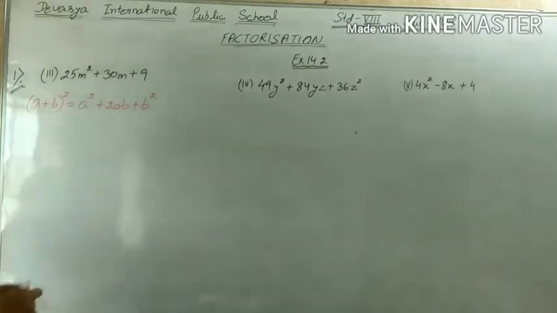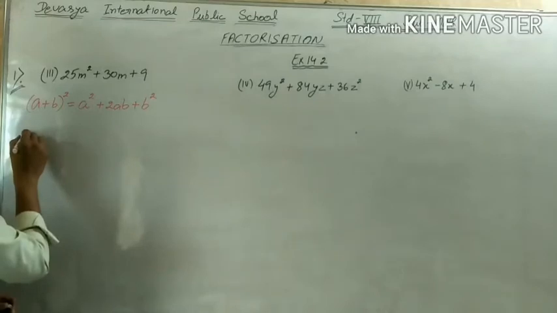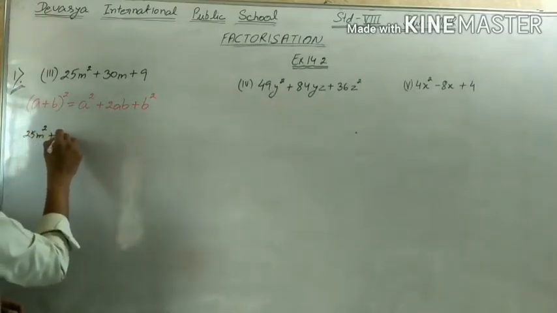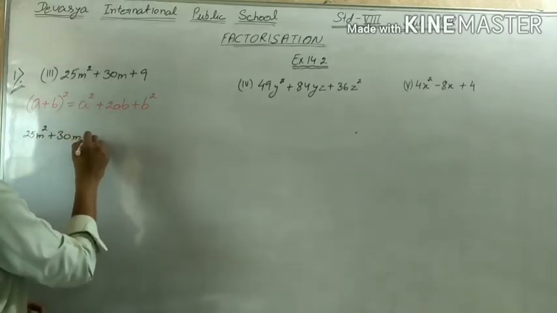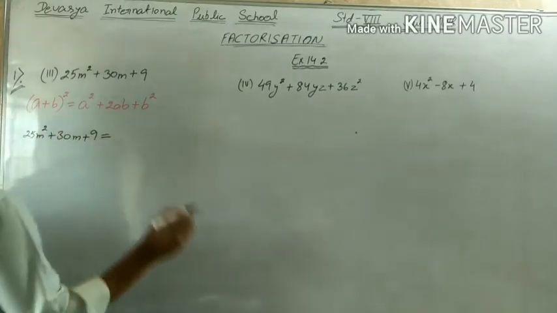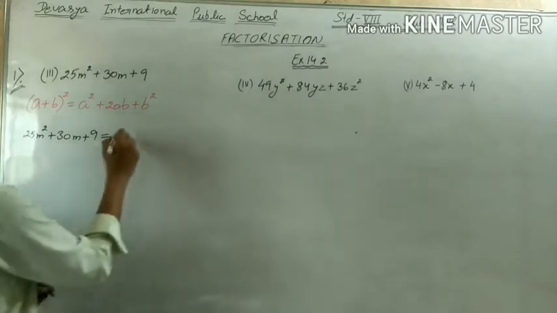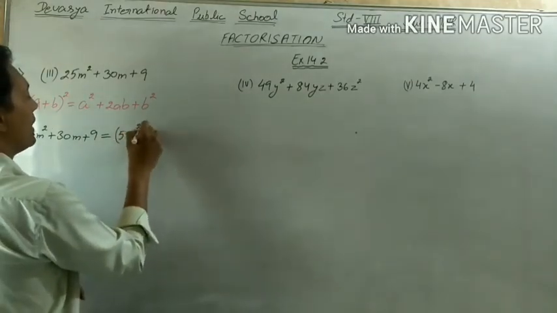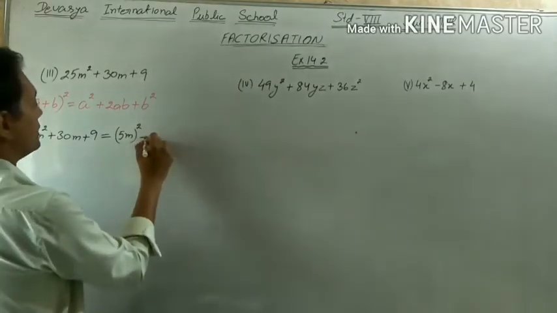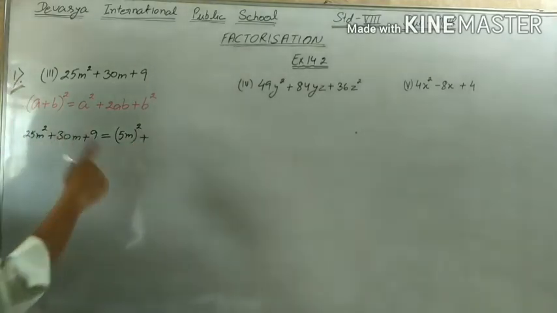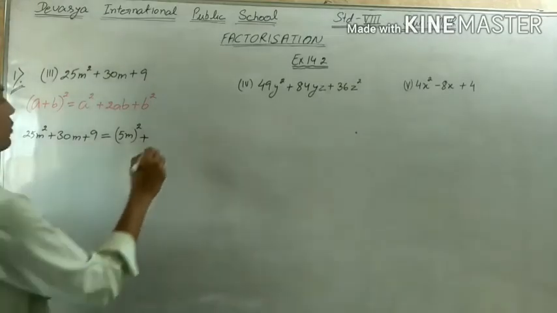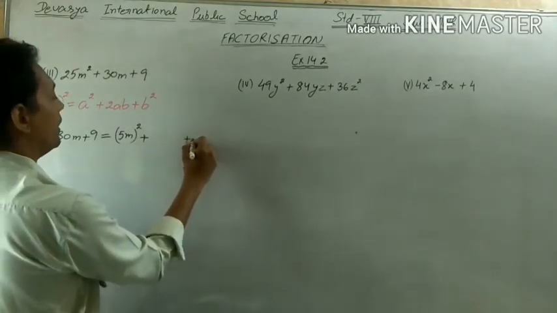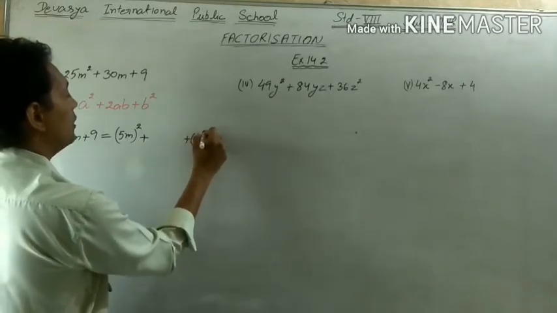So let's once again write this expression as 25m square plus 30m plus 9. 25m square can be written as 5m whole square, plus the middle term we will write later on because it will be easier, and the last term is 9, which can be written as plus 3 whole square.